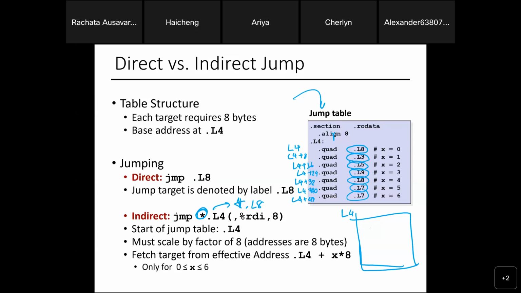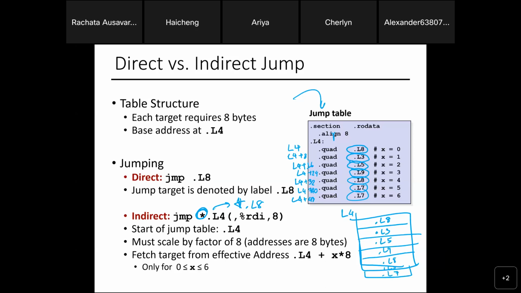Depending on the value of X, if I break it down, let's say each row here is 8 bytes long, because I specify in my assembly code that .quad means whatever goes there is going to be 8 bytes long. The first row will have .L8. The second row has .L3. The next rows have .L5, .L9, .L8, .L7. The last row also is .L7.